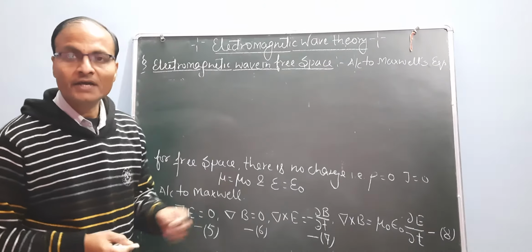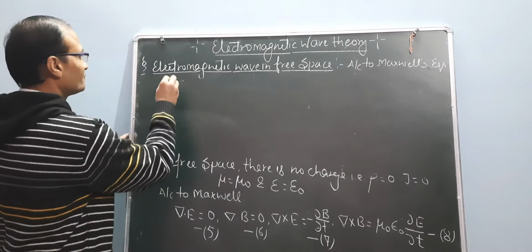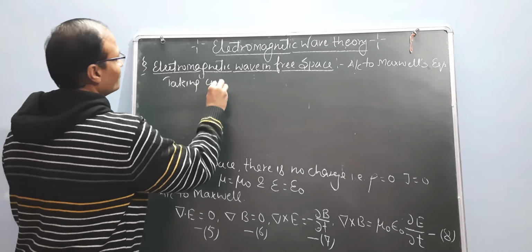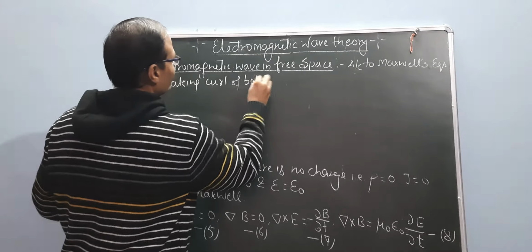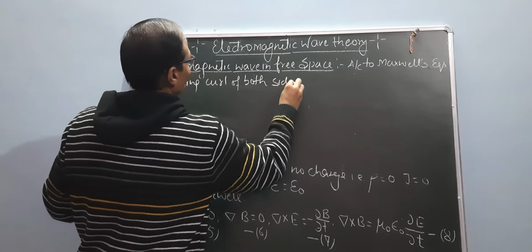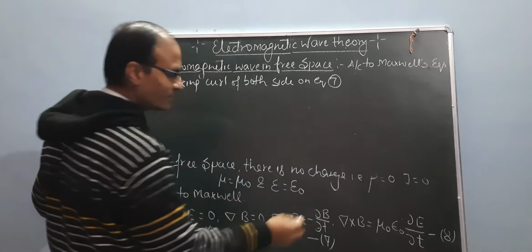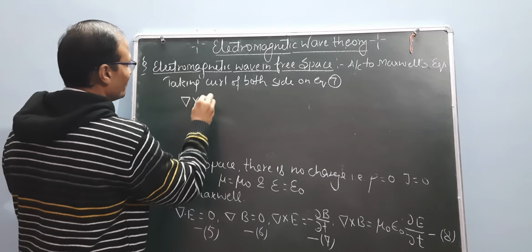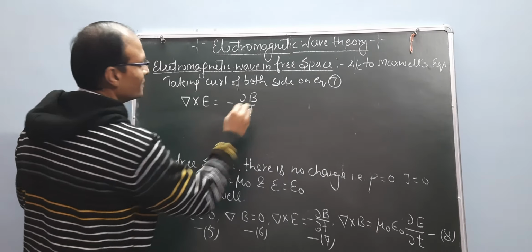Now taking curl of both sides of equation number 7. What is equation number 7? Del cross E equal to minus dB upon dt.